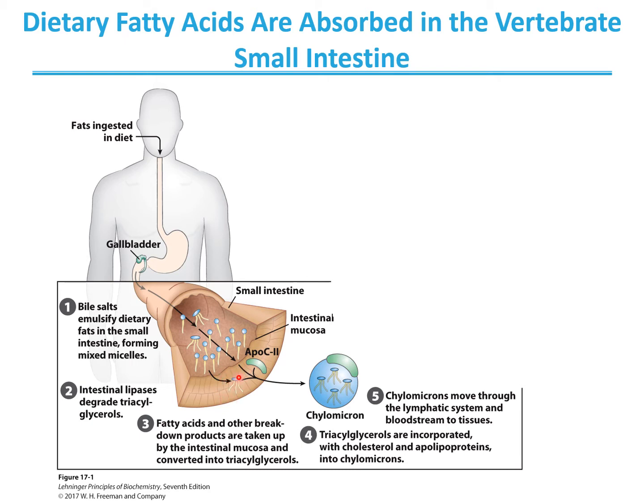These molecules will then be assembled into a particle called a lipoprotein, and a particular lipoprotein called chylomicrons are specifically generated by these intestinal cells to allow the transport of these very hydrophobic molecules inside a particle.